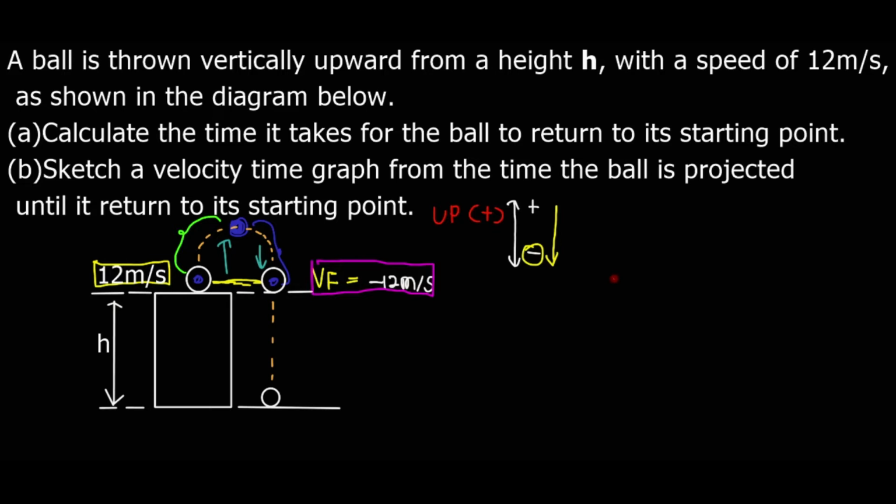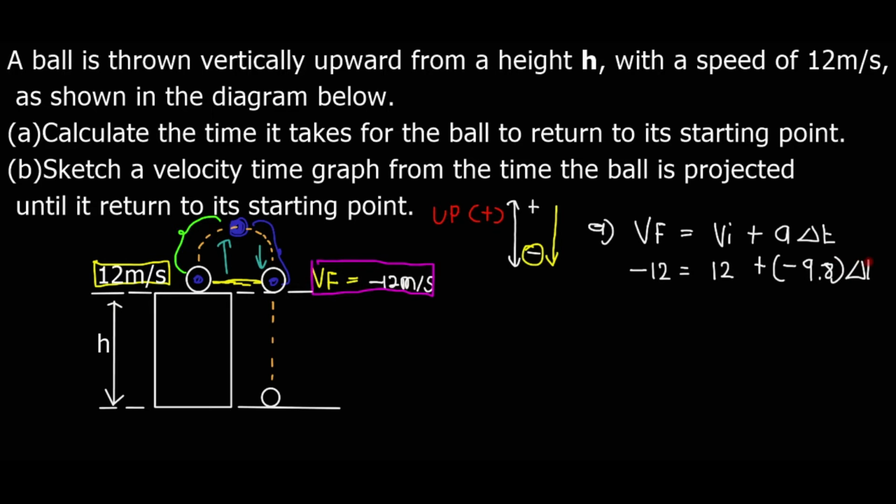We will look for a formula that has time and that fits the information we have. This formula will be applicable. Vf here is negative 12, and our initial speed is 12. Our acceleration is negative 9.8.